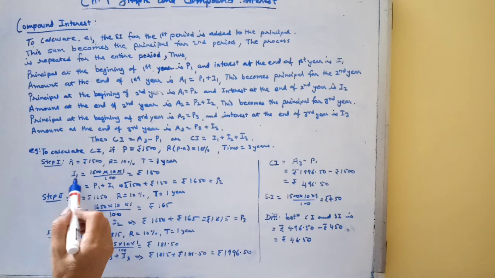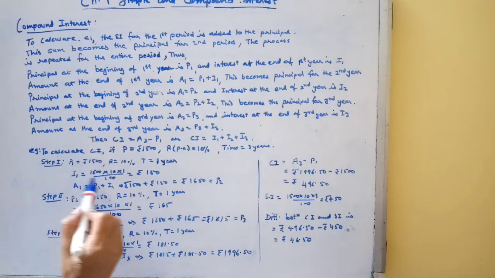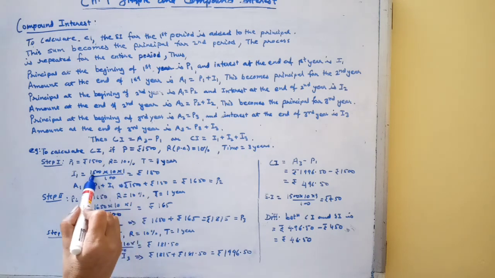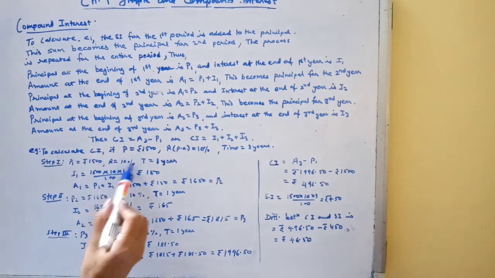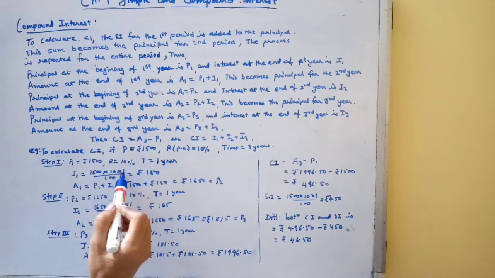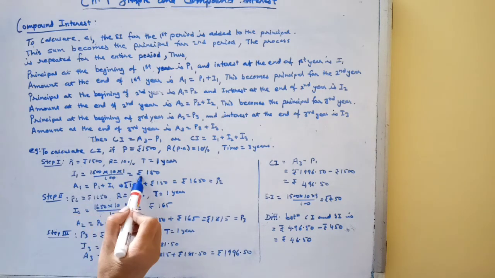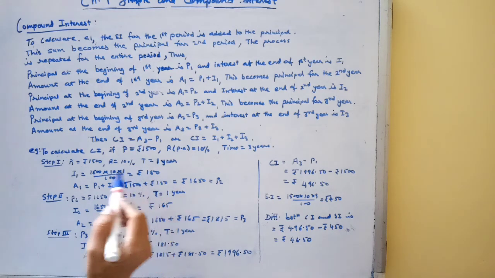Now interest 1, I1, that is the interest for the first year, is P into R into T divided by 100, that is principal 1500, rate of interest 10, and time 1 year, divided by 100. When you solve this, you will get interest 1 as rupees 150.